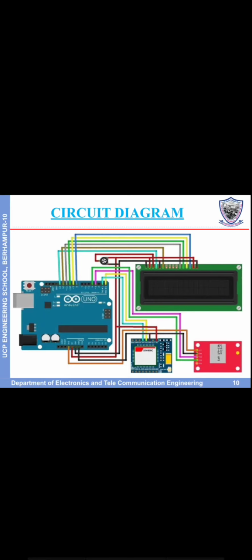The GSM module's receiver pin is directly connected to the transmitter pin of Arduino, and the transmitter pin of GPS is directly connected to the receiver pin of Arduino, and a 16x2 LCD is also connected with Arduino for displaying coordinates. It is assumed that the reader has gone through how to start with Arduino and how to interface an LCD with Arduino.